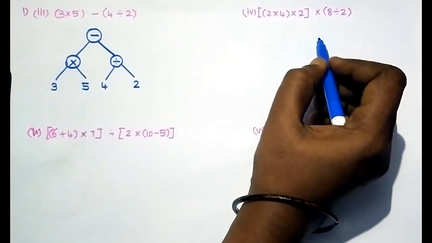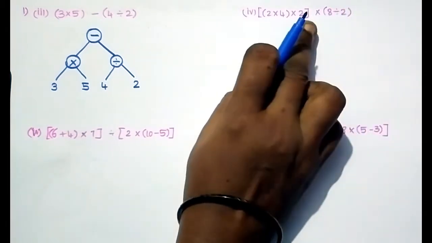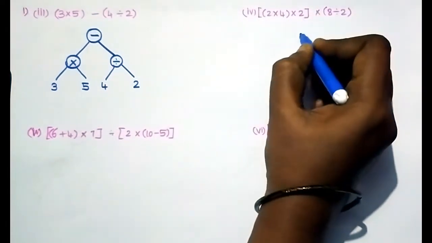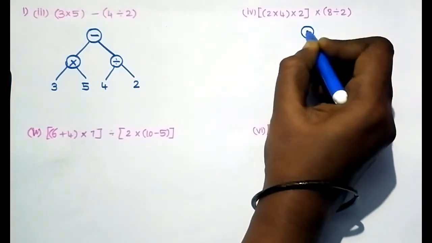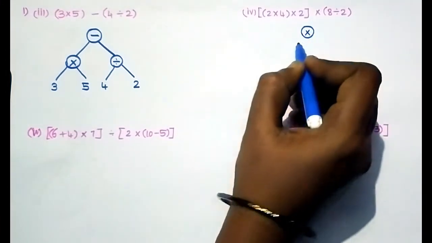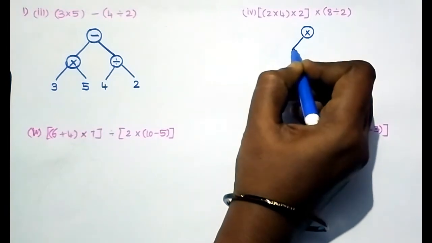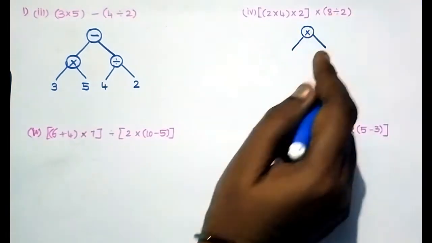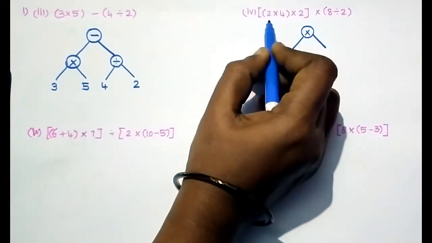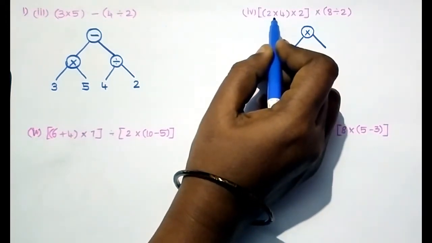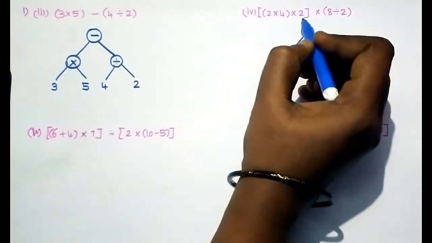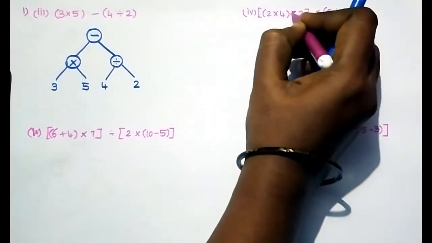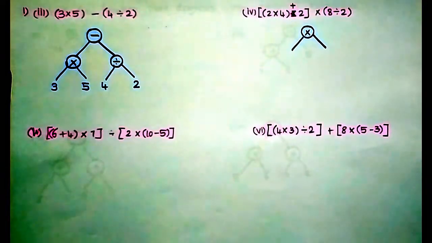Next one, 2 into 4 plus 2 into 8 divided by 2. Listen, we want to multiply this bracket and this bracket. So the main operation is multiplication. Here one bracket is there and here one bracket. First this bracket, here plus is there.